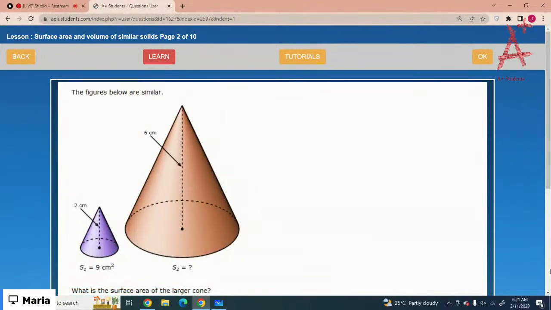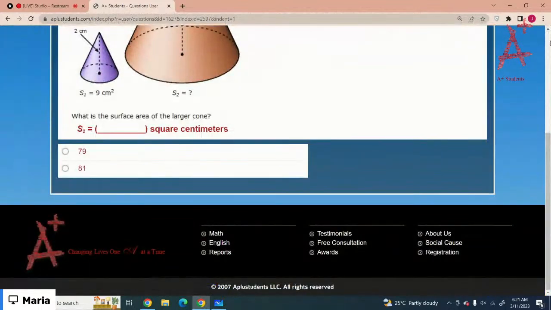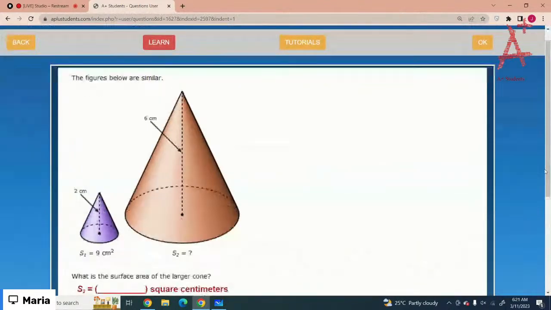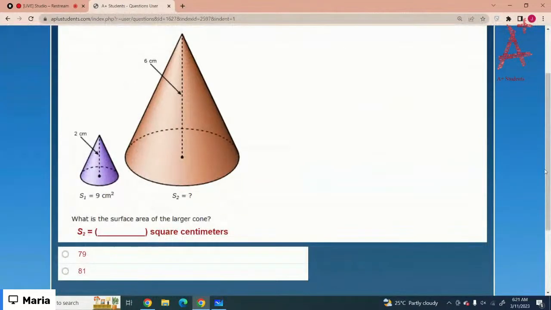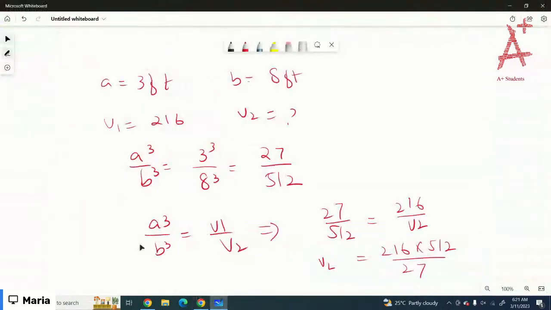The figures below are similar. Let's just form the proportion between them. Okay, so the side lengths are 2 centimeters and 6 centimeters.